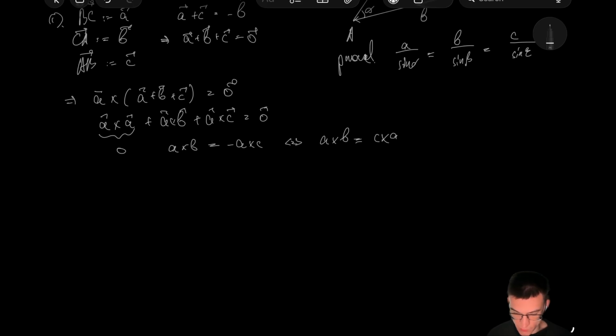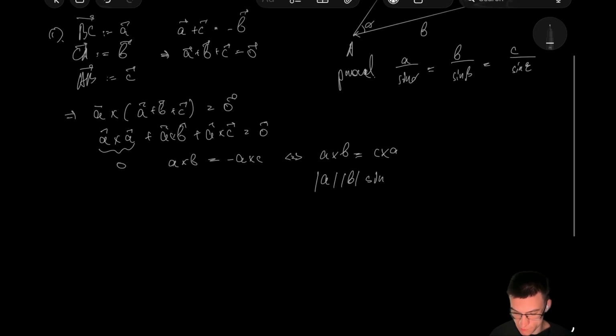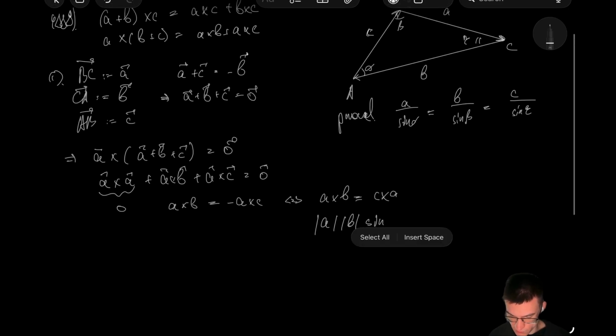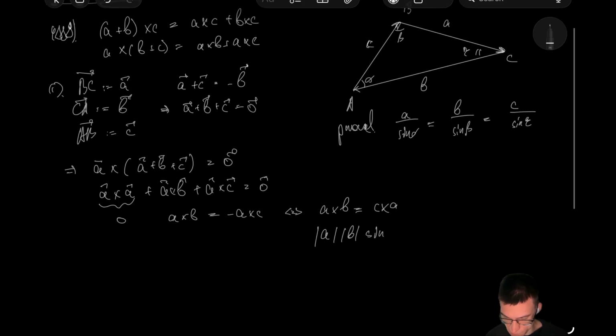That's quite interesting. That means that the magnitude of A, B, and sine of the angle between them, which is gamma in this case. Well, it's kind of pi minus gamma, but this is the same sine as gamma, right?